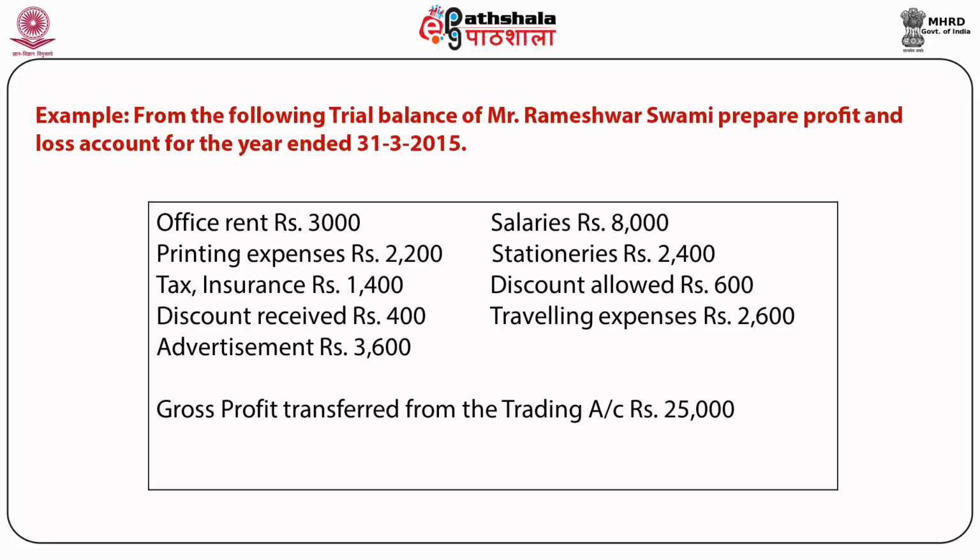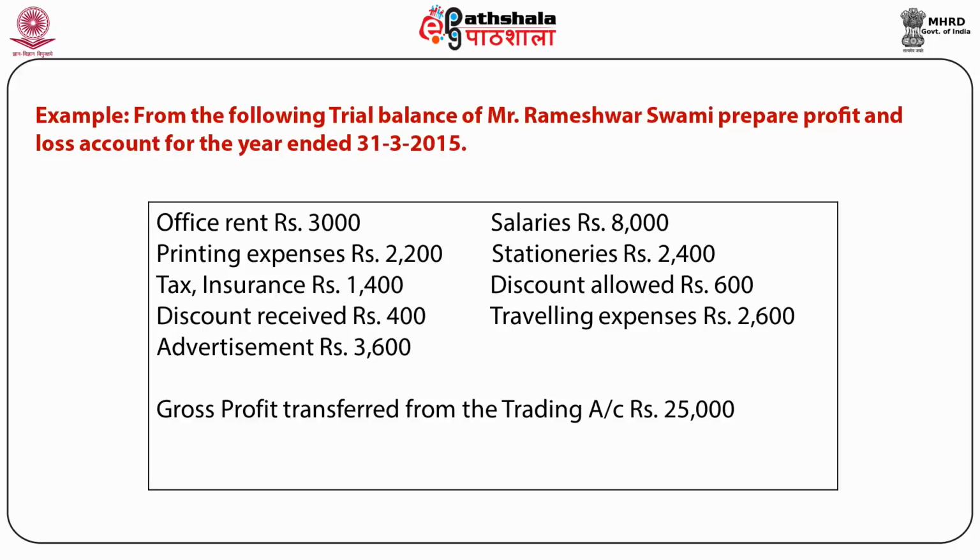For the purpose of providing better understanding of the profit and loss account, information is given in this picture, and we have to prepare the profit and loss account with the help of this information. We are provided with office rent, printing expenses, tax and insurance, discount received, advertisement, salaries, stationery, discount allowed, traveling expenses, and gross profit transferred from trading account.